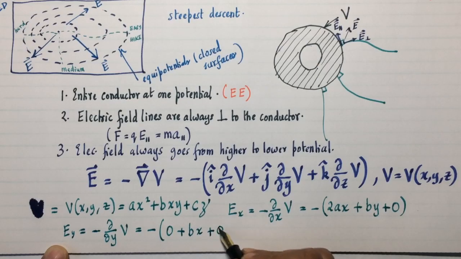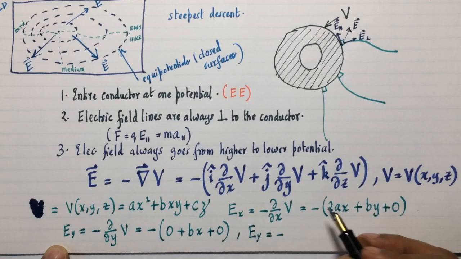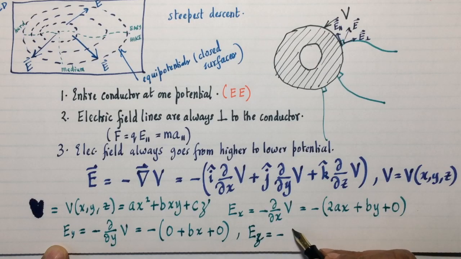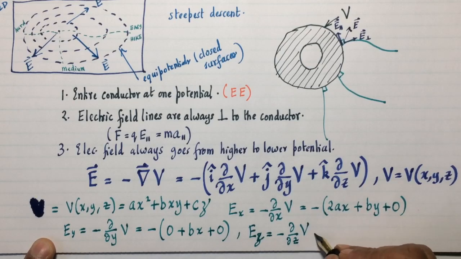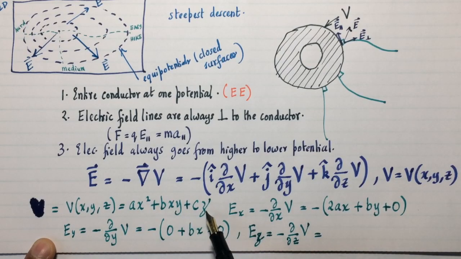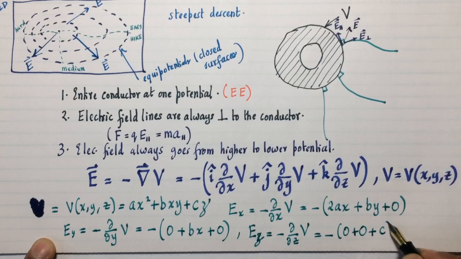And the third term does not have a y, so the electric field in the y direction is negative bx. The last thing I need to find is electric field in the z direction, and that is negative del by del z of this same quantity V. The only term involving z is the third one, so that's just negative c.